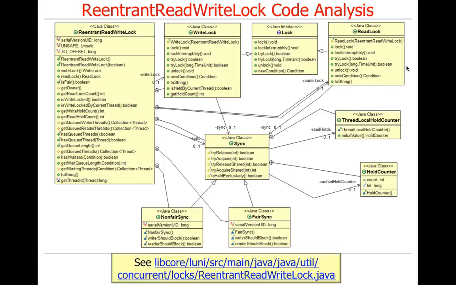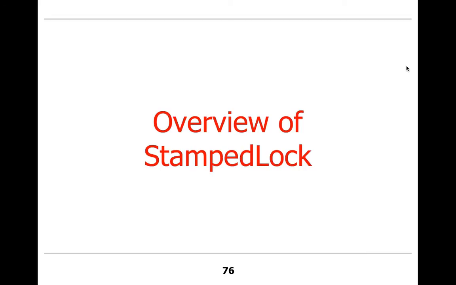And they also have this interesting stuff that they put off to the side. They call the hold counter, which is used for reentrancy, because Java reentrant read-write locks are reentrant, as the name might imply, which is one of the things that makes them inefficient, because they had to support those abstractions efficiently without doing cache sloshing and so on. So this just gives you a sense of the complexity of what's going on. Keep that in mind. We'll come back and look at this a little bit later.